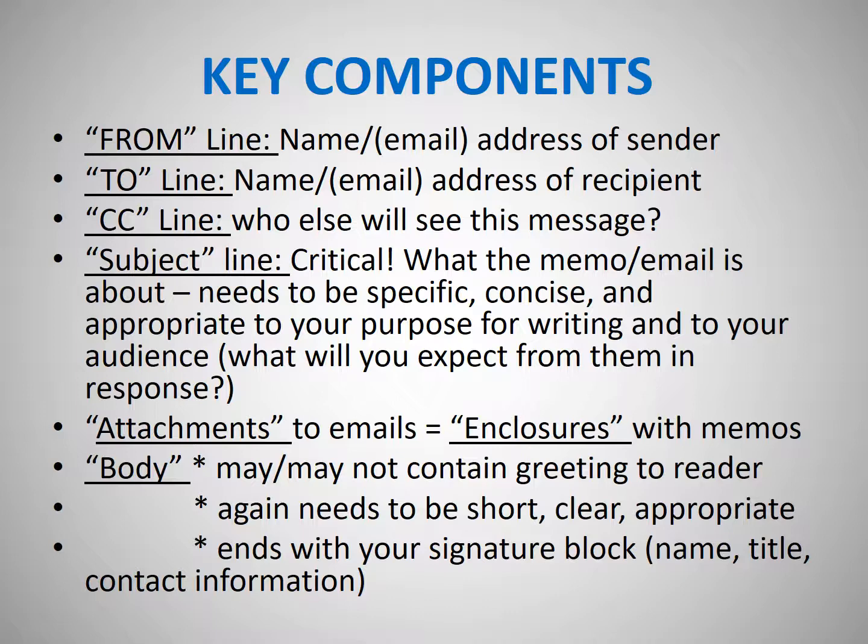Make sure that when you are ready to organize the information that you've collected and decided to use, you have your from line, that's you, the sender, your to line, whoever you're writing to, and your CC line. If you intend for someone else to see the message, you put that someone else's name and email address into the CC line.